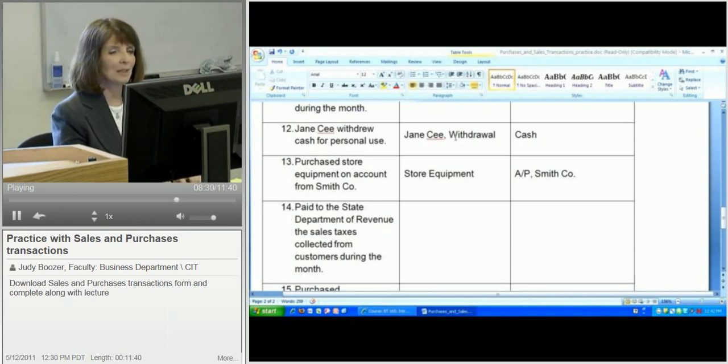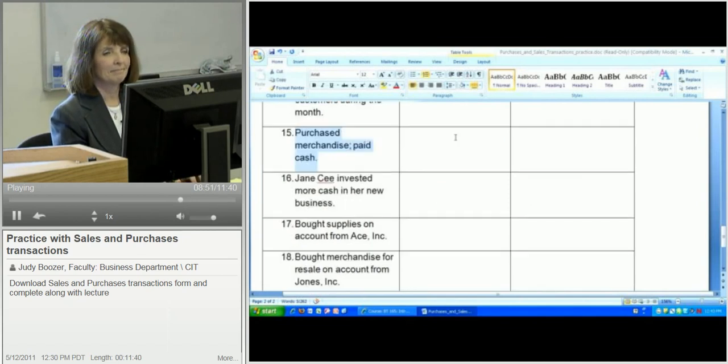Reducing that liability, sales tax payable. And if we're paying them, what's the credit? Cash. Doing great. 15. Purchase merchandise, paid cash. Yes. Purchases and cash. Simple as that.